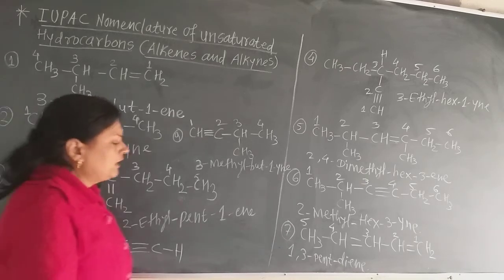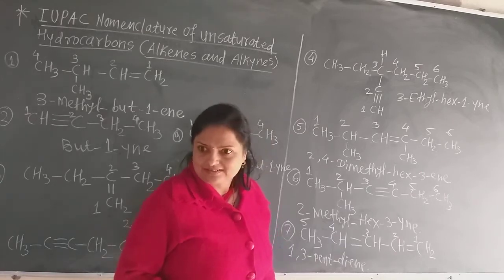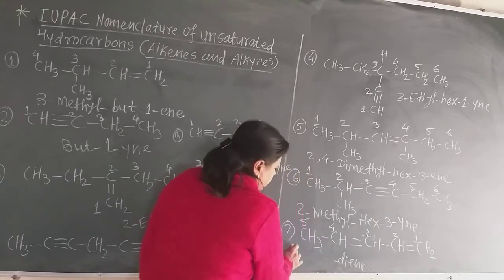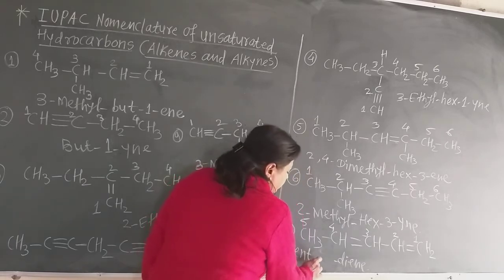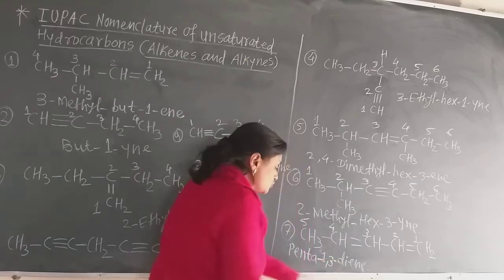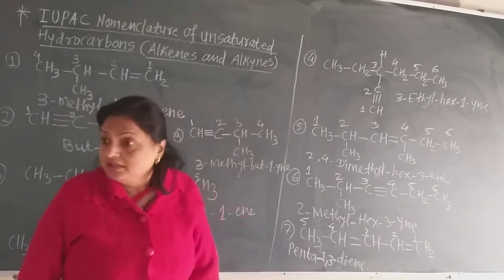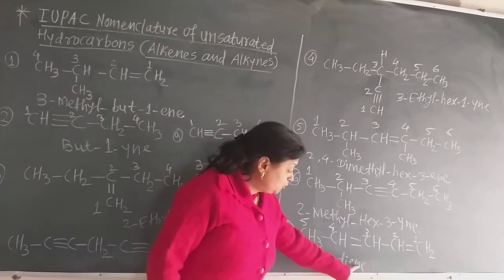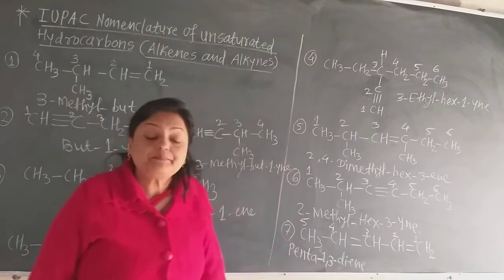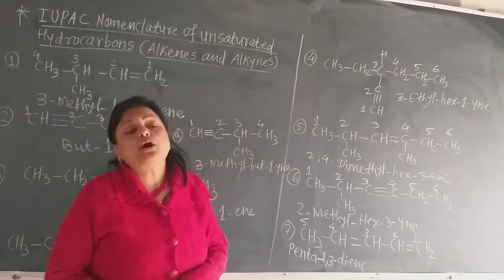And do not write only pent; write penta. This is the correct way. Penta-diene means that at positions 1 and 3 there is a double bond. So write the numbers in the middle position, because we are showing 2 double bonds on the first and third carbon atoms. So, diene.